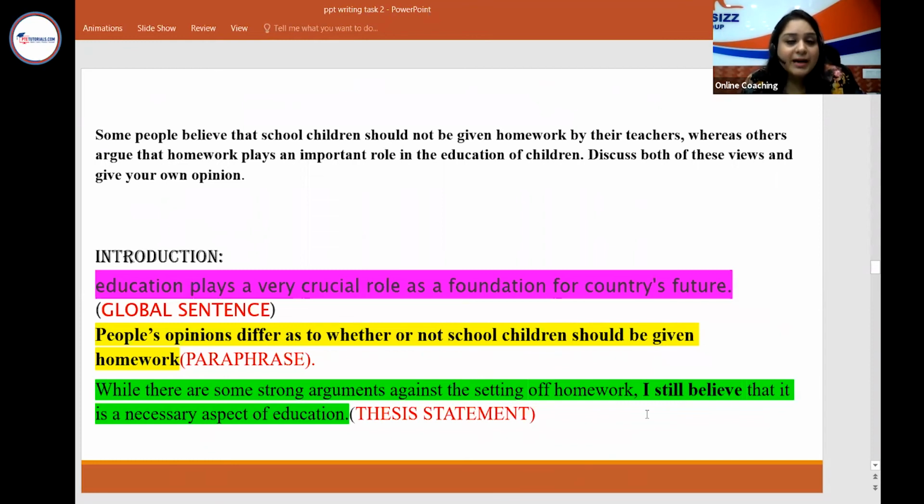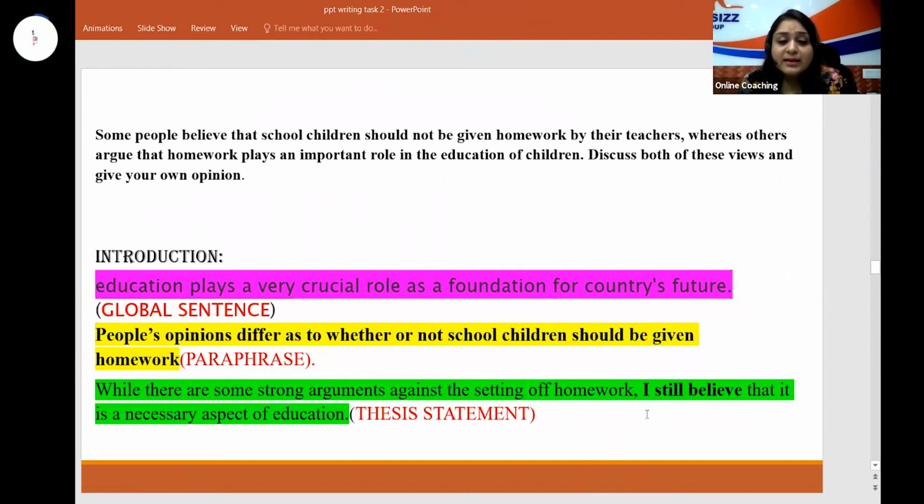Because my topic is basically related to homework, that further implies education. So I have written my global sentence as: education plays a very crucial role as a foundation for country's future. See, this is one line, the global part of my essay, and it's very simple.